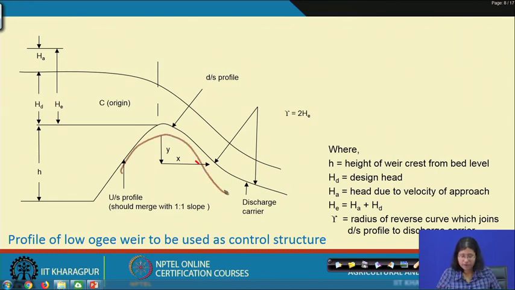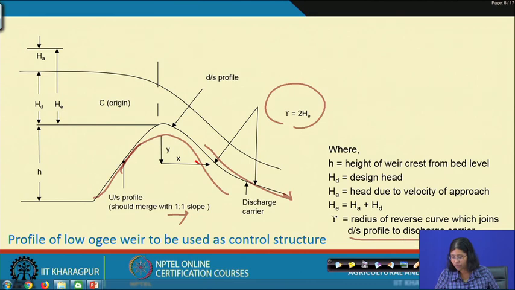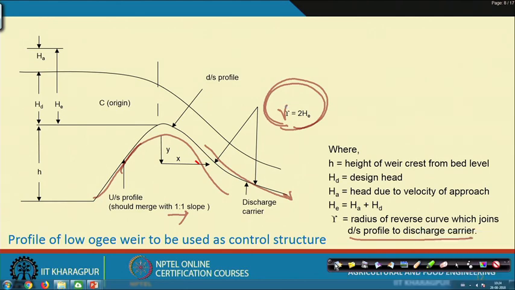The upstream profile should merge with the downstream profile at a 1:1 slope. And here there will be a discharge carrier, and gamma is the radius of the reverse curve which joins the downstream profile to the discharge carrier. So, this is calculated using this term gamma.